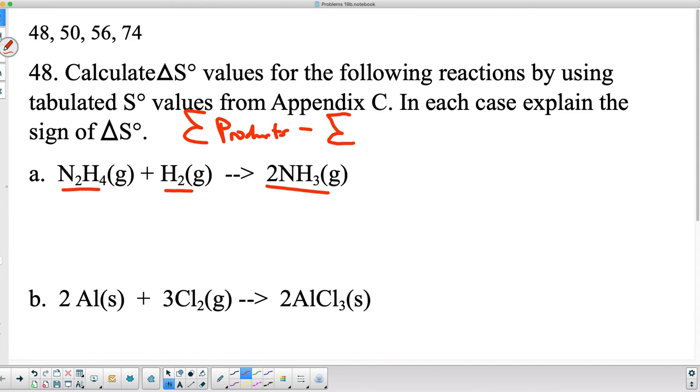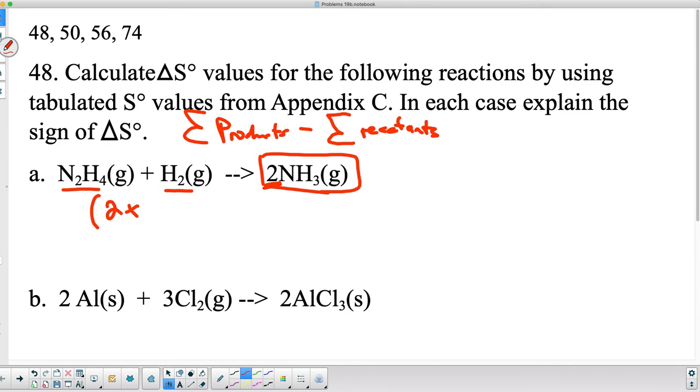These ugly backwards S's are called summation signs, and what that means is I'm going to take my products first, so this is the one I'm going to look up first. The 2 does matter, so it's going to be 2 times whatever that value is.